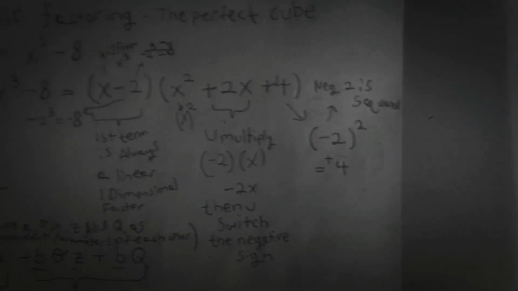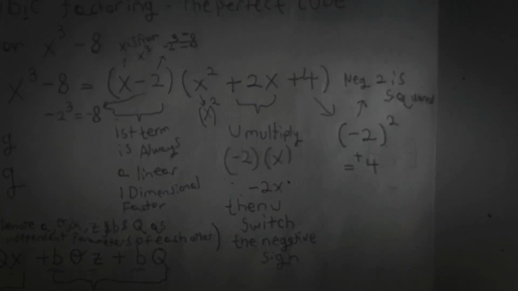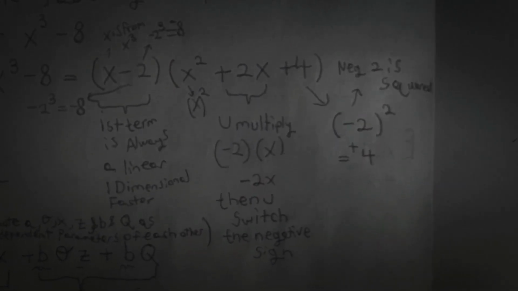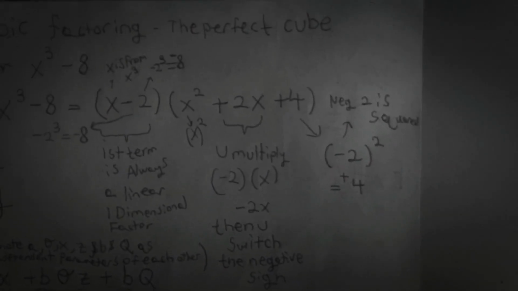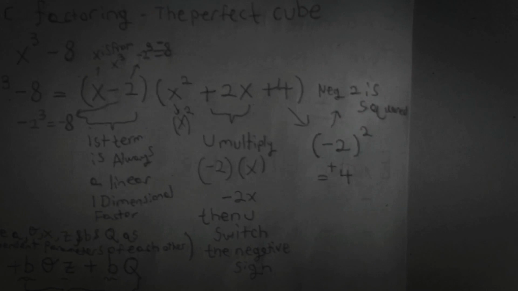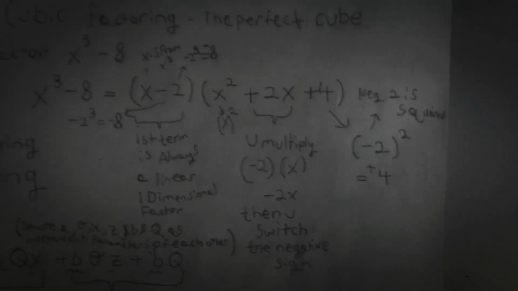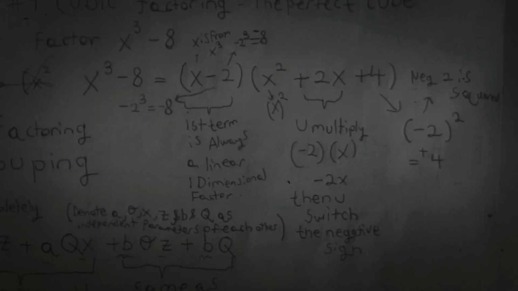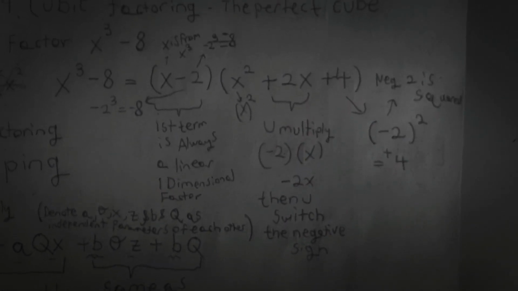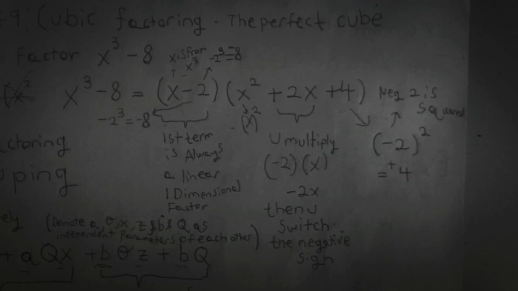The last term is actually parentheses negative 2 squared. That negative 2 squared becomes a positive 4, which is our very last term in this quadratic. So our solution to this is x minus 2 parentheses x squared plus 2x plus 4.